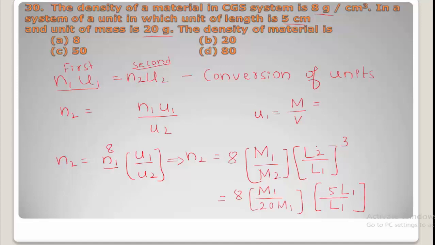So L2 becomes 5 L1 and M2 becomes 20 M1. So L1 gets cancelled, M1 gets cancelled. Simplify this, you will get N2 is equal to 8 into 1 by 20 into 5 cube. On simplification, you will get the answer 50. So option C is the right answer.